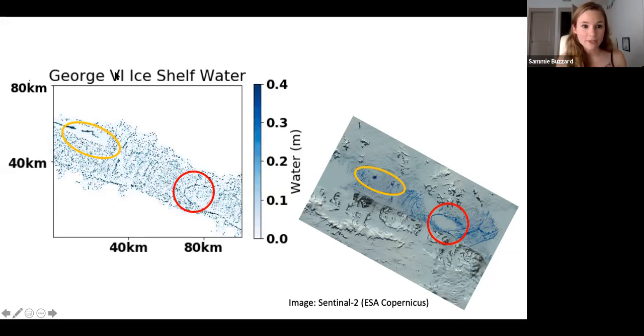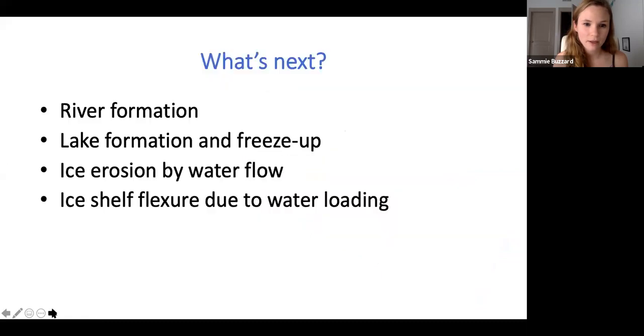So that for me is justification to add in some more physical processes to MONARCHS to see if we can accurately simulate this, and also to look into the DEM that I'm using for the topography for George VI, because that's clearly very important too.